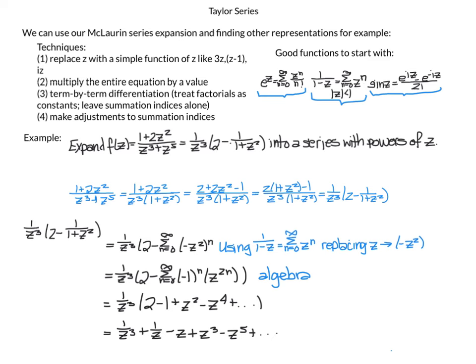I do have a note about this series formula that we use. The 1 over 1 minus z is equal to the summation n equals 0 to infinity of z to the n. And the note is that the radius of convergence is absolute value of z is less than 1. So when you are not within this disk, this series does not converge, and your Taylor series, your Maclaurin series won't be of much use.